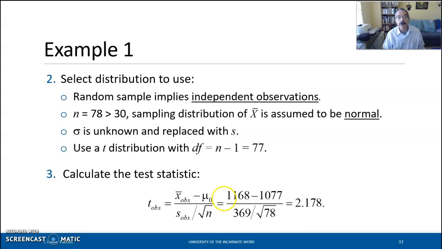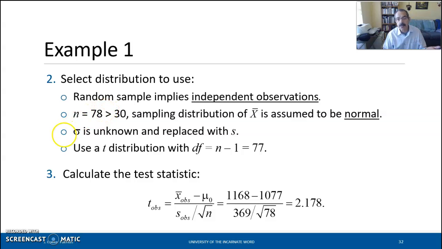Now the next step is performing the statistical analysis. Number 1, we need to determine what distribution to use. They're telling us that this is a random sample, so we know that we have independent observations. They don't say anything about the probability distribution of these amounts paid, but the sample size, 78, is bigger than 30.